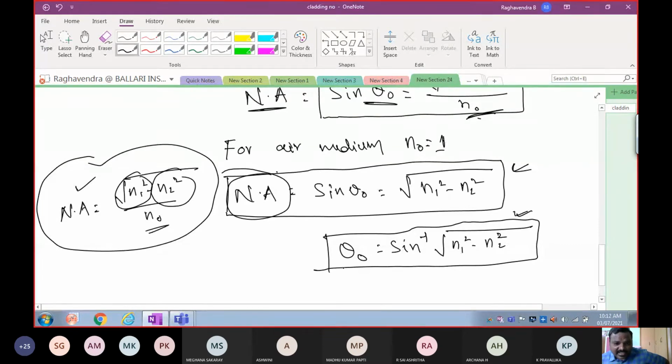The acceptance angle also depends upon the refractive index of the core and the refractive index of the cladding. By using these expressions, you can find out the acceptance angle and the numerical aperture. Understood? Yes, sir. This derivation is very, very important from your examination point of view. First, you have to write the figure. Next, you have to describe the figure and discuss all these things.